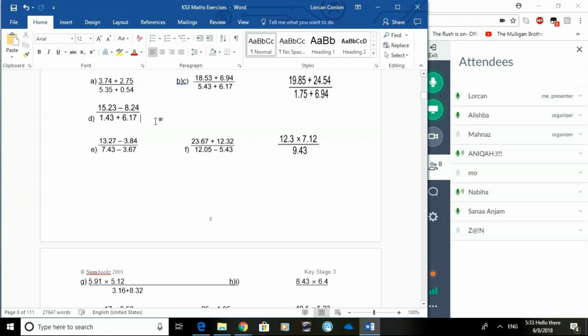15.23 would go to 15. 8.4 would be 8. 1.43 would be 1. And 6.17 would be 6.